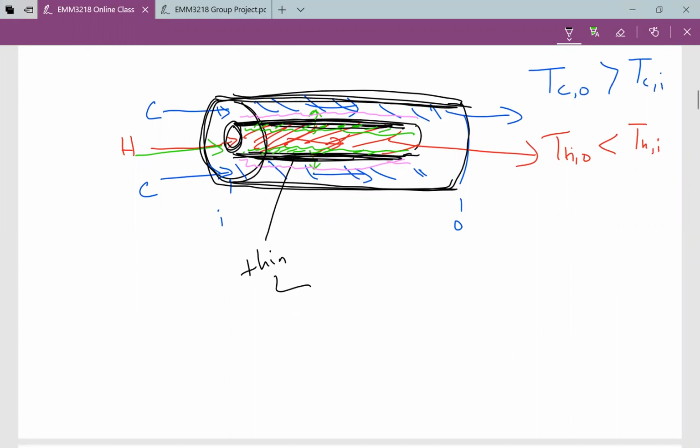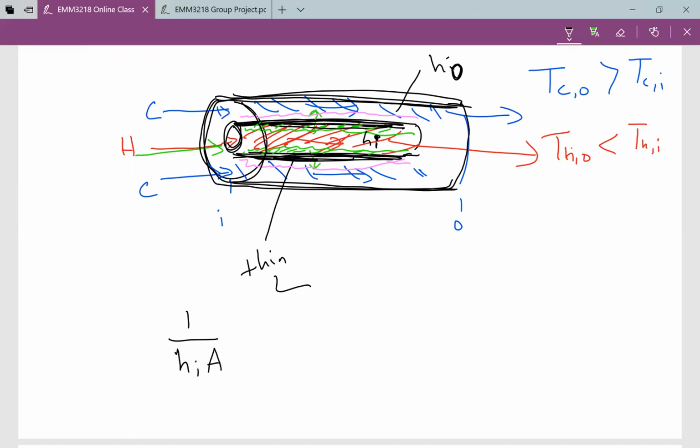So the first thing is the convection on the outer region. So that will be 1 over H. I'll call this HO. Sorry, I'll start with the inner tube, HI, times the area.